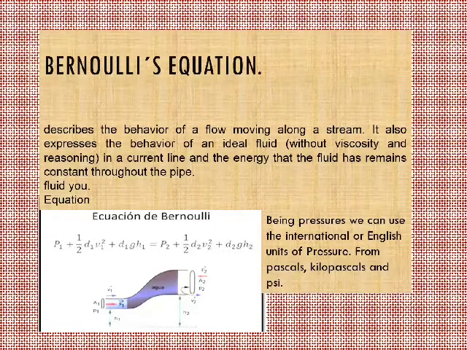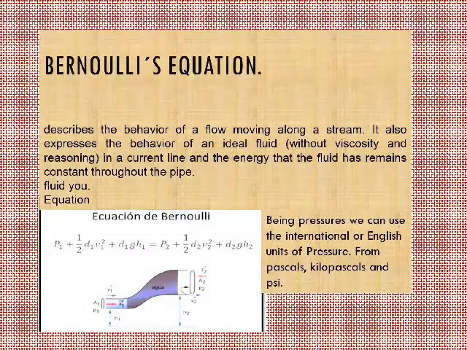This is the equation and we see the representation of the equation and the result. Being pressure, we can use the International or English unit of pressure: Pascal, kilopascal, and PSI.